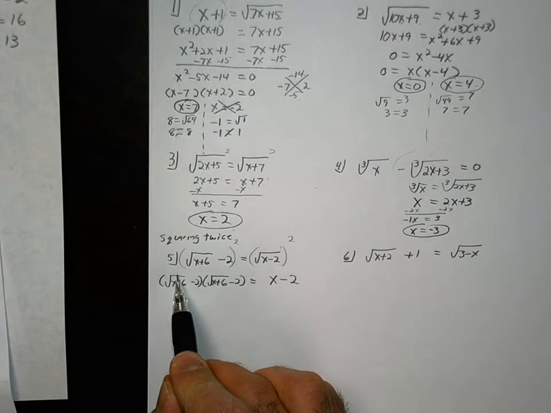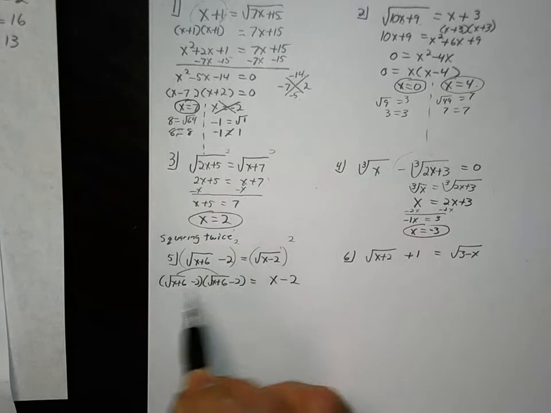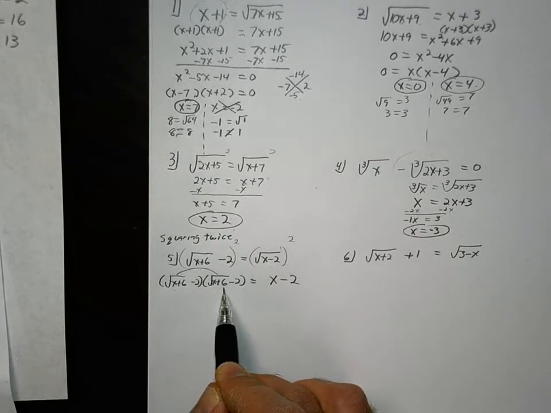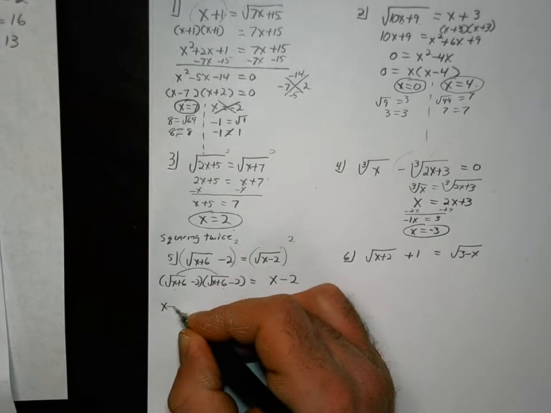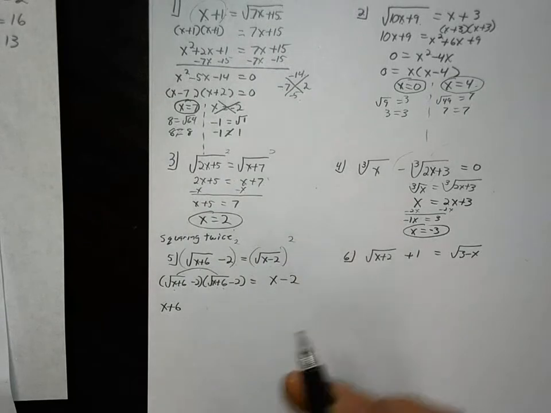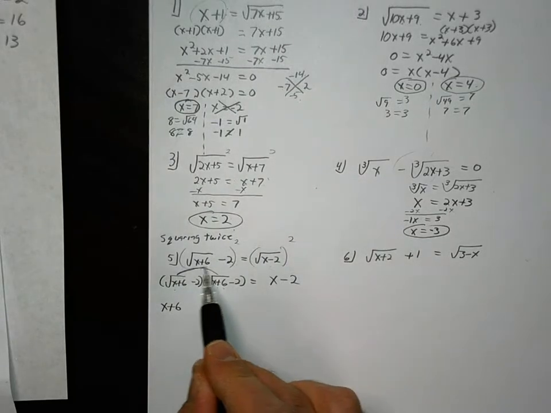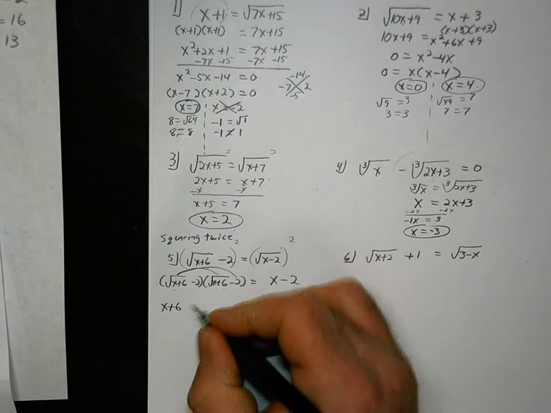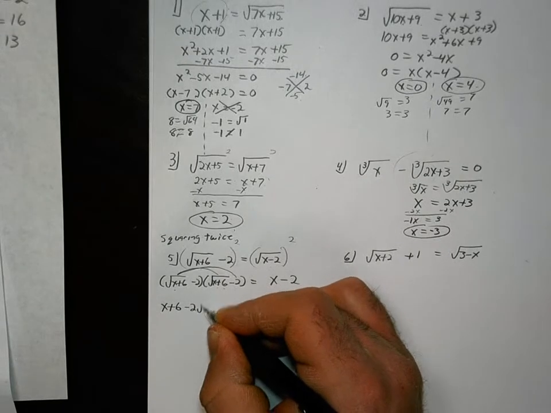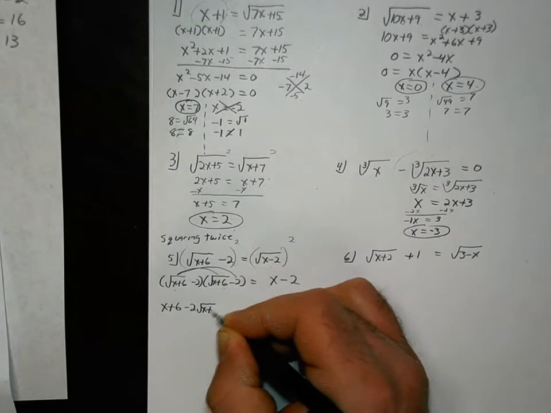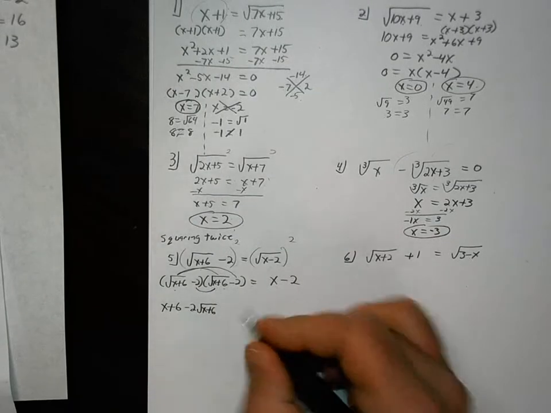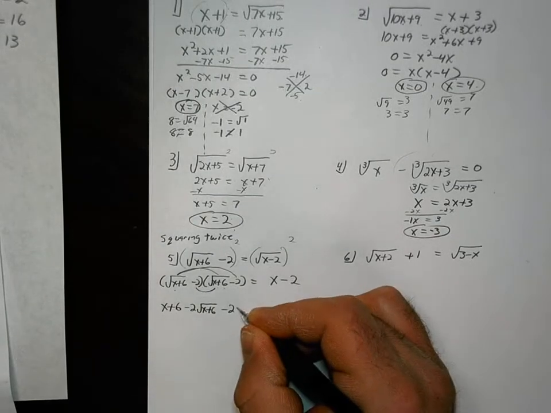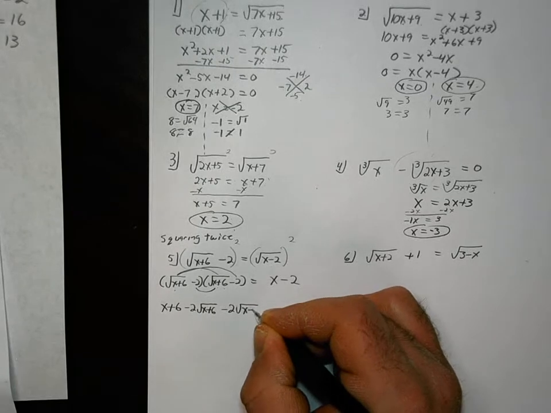When I multiply the first terms, square root of x plus 6 times the square root of x plus 6, the square roots cancel out and I just get x plus 6. When I multiply this first term times the negative 2, I'm going to get negative 2 times the square root of x plus 6. Same thing when I multiply the inside terms, I get negative 2 square root of x plus 6.